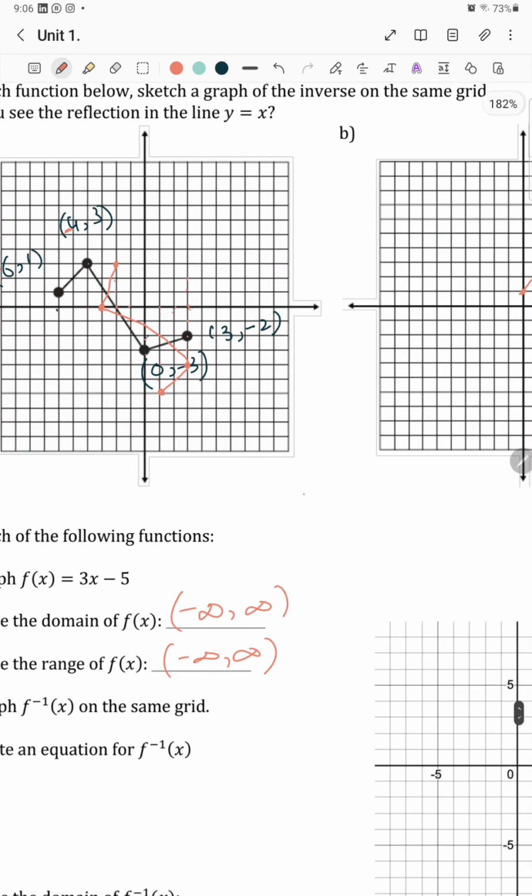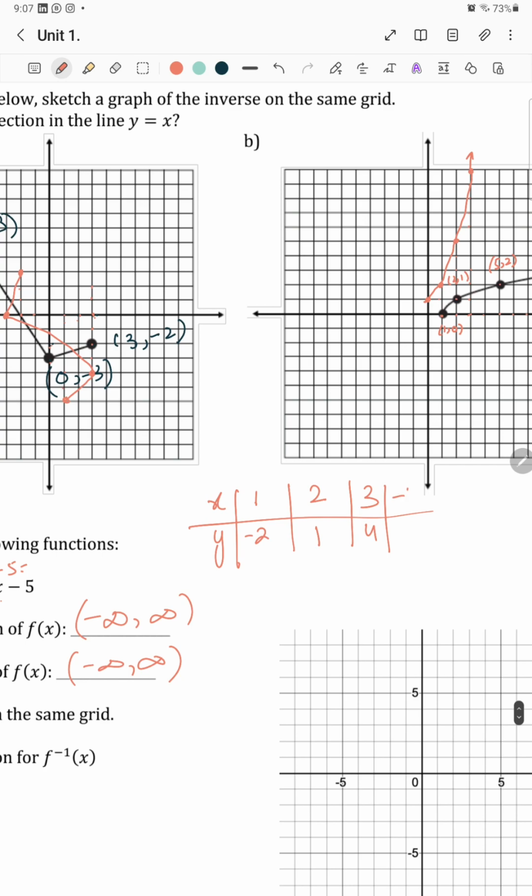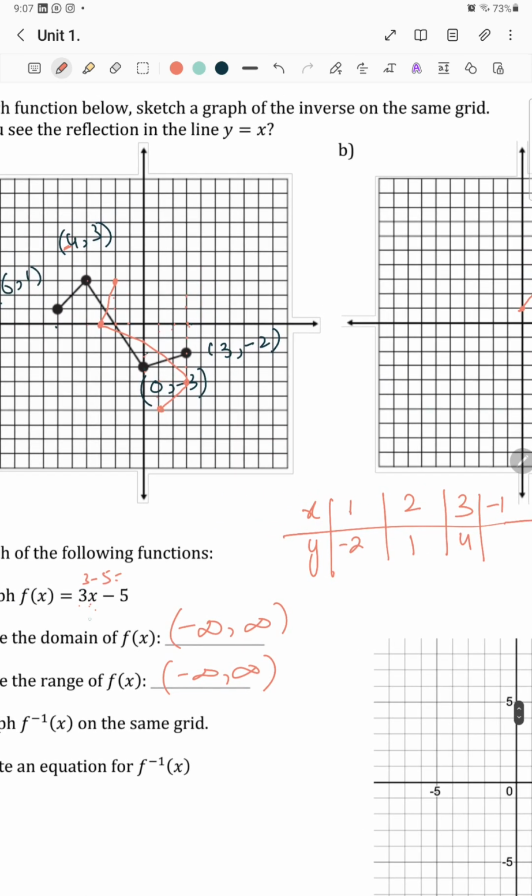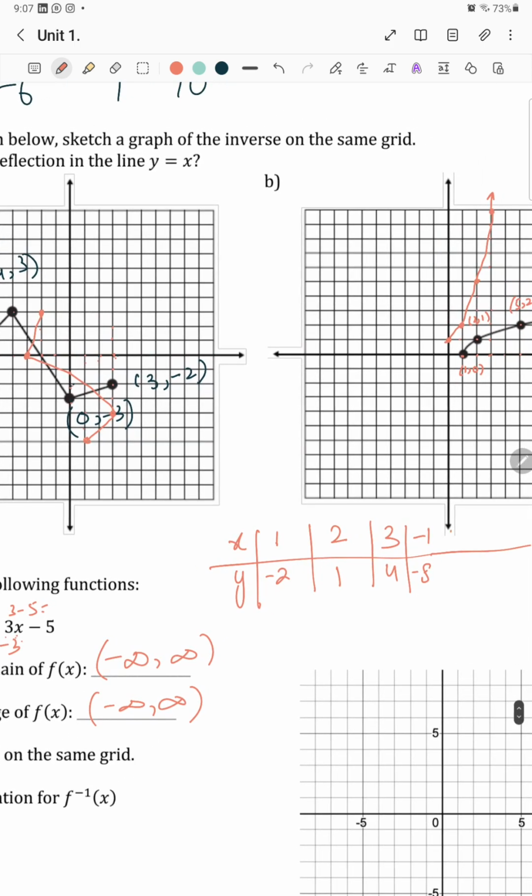So here we will write the values of x and y coordinates. For x is 1, 3 times 1 is 3, minus 5 is equal to minus 2. For 2, 3 times 2 is 6, minus 5 is equal to 1. For 3, 3 times 3 is 9, minus 5 is equal to 4. For minus 1, minus 3 minus 5 is equal to minus 8.